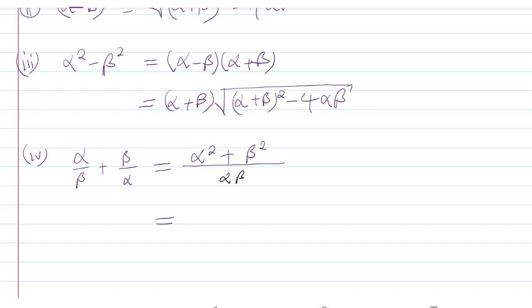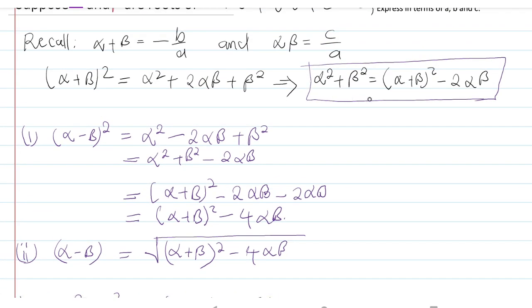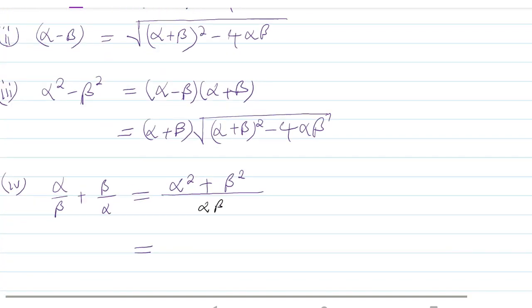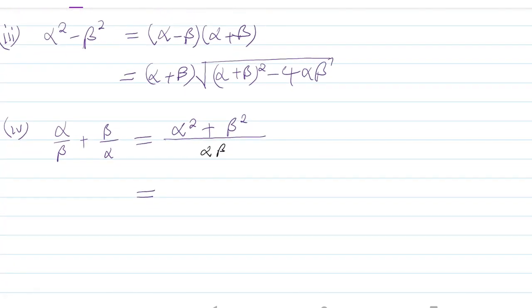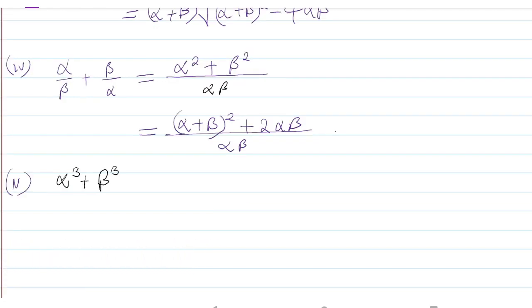Okay. Next, we have alpha squared plus beta squared, which we already know. Remember, this is what we circled here. So right away, I will substitute. I will write over alpha beta. And we are done.